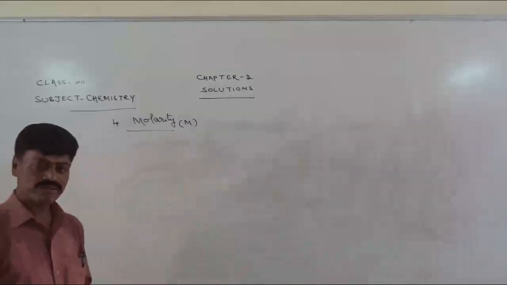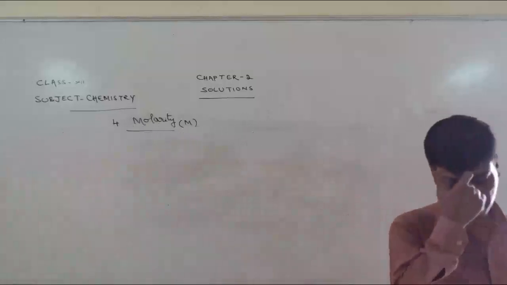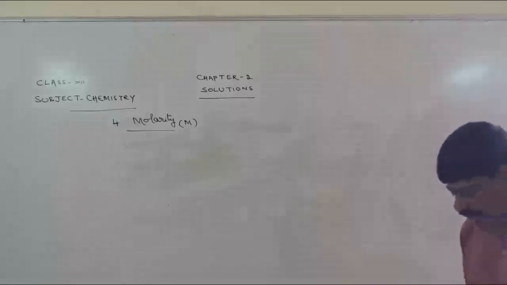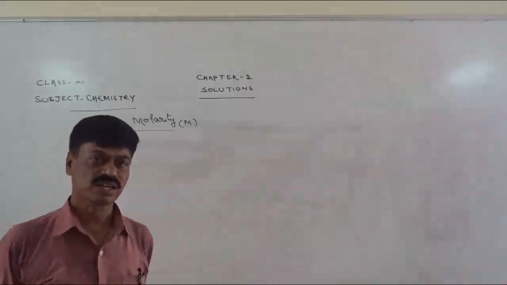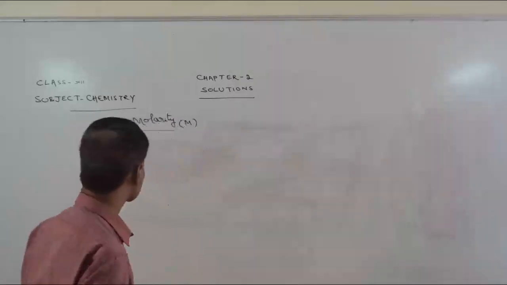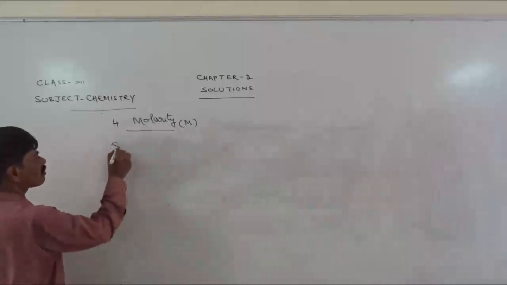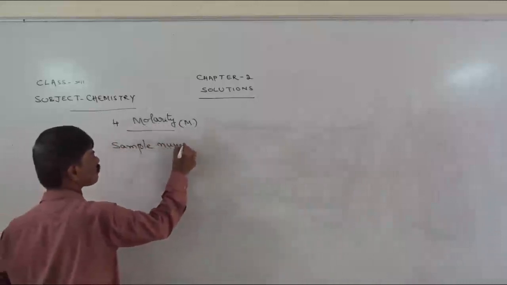Imagine you are given 4 grams of sodium hydroxide and you are asked to make 100 ml of sodium hydroxide solution. So in that case, how is molarity calculated? So the numerical is like this. Sample numerical.